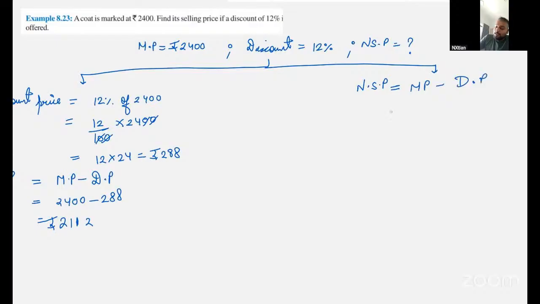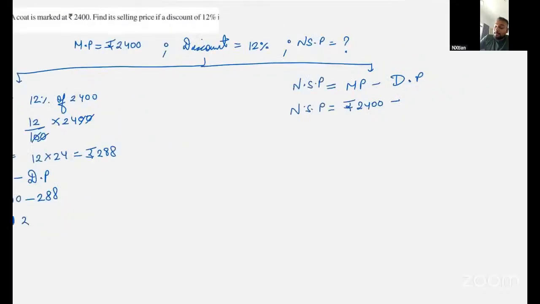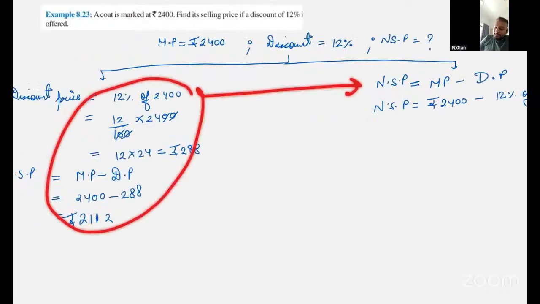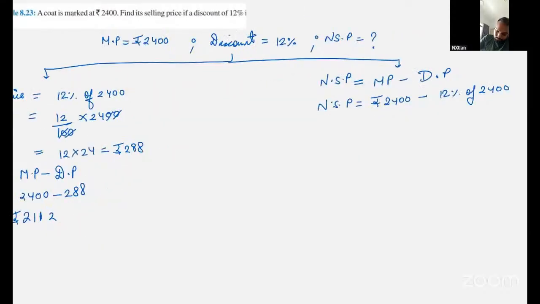The market price is 2,400, minus the discount price. The discount was 12% of 2,400. Basically this is the same thing, but we merged this step into one. Simple as that.